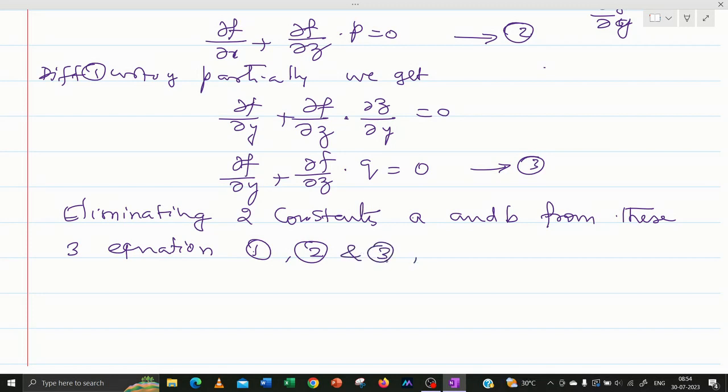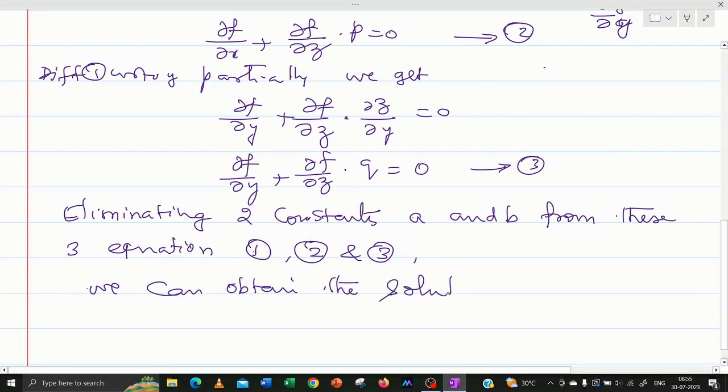We have to eliminate the arbitrary constants a and b from these three equations, and then we can obtain the solution. How can you eliminate a and b? You can multiply, substitute or subtract. Whatever it may be, finally we eliminate a and b, and then we can form the PDE here.